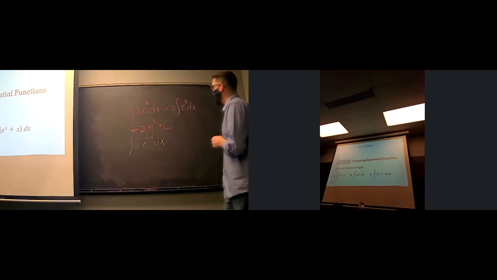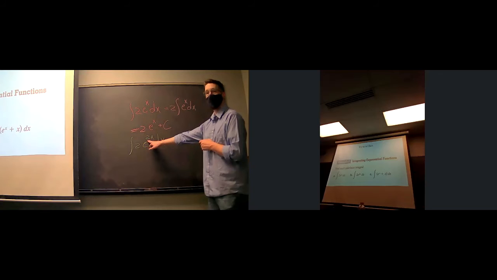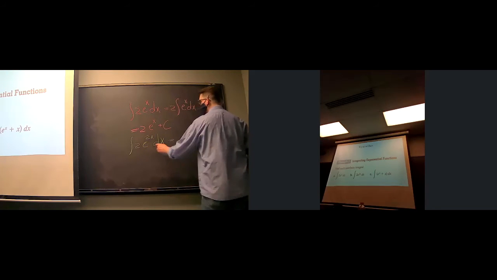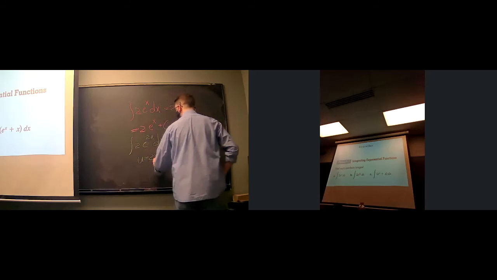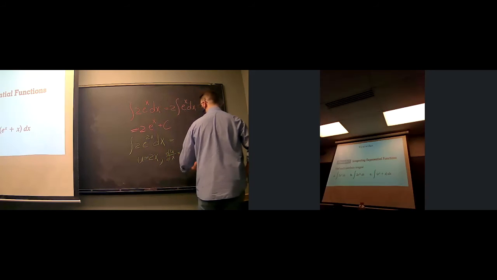Now let's compare that to b here. Notice what we've got is e raised to some u. Agreed? So using u sub, setting u equal to 2x, du dx is going to come out to be 2.